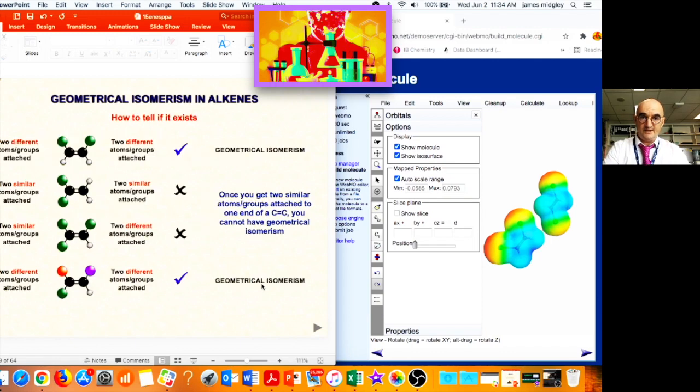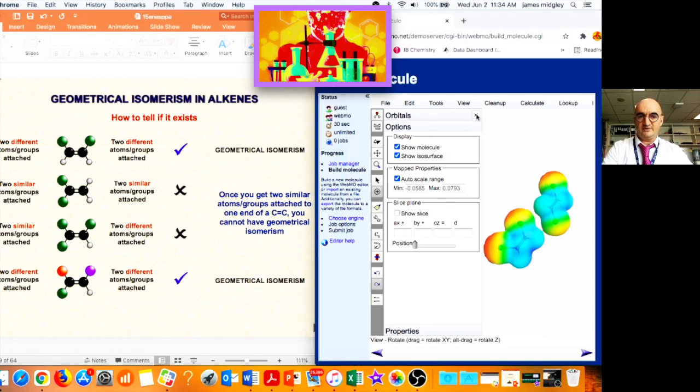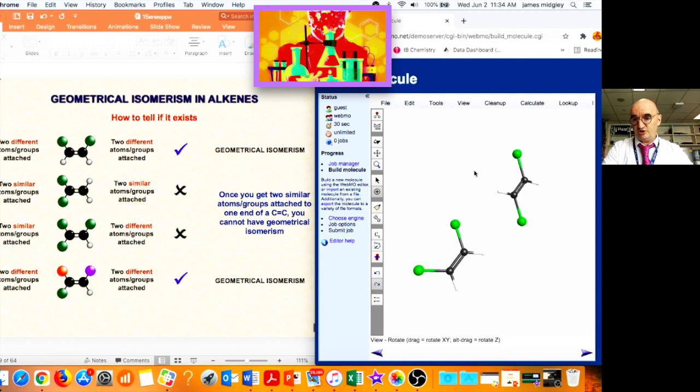Okay, how do you know if you're going to have geometric isomerism? Well, just looking at the molecule, two different groups attached at either end, yes, you can. Two of the same groups at the same end, no, because you could swap this around, but all you're doing is swapping whether you're looking from the bottom up or from the top down.